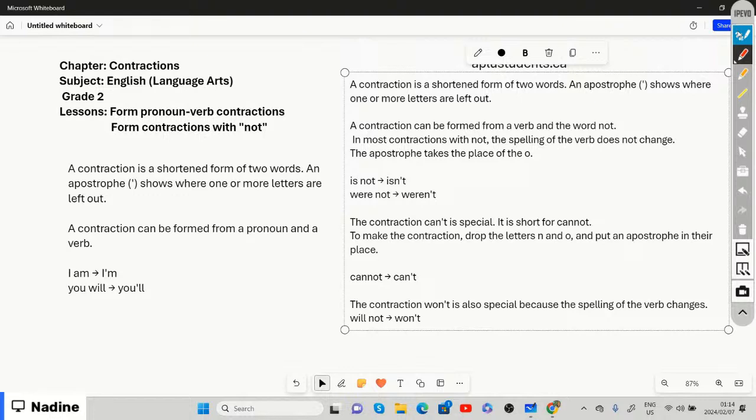So, for example, it says a contraction, once again, a contraction is a shortened form of two words, like we said, and we put an apostrophe to show either where one or more than one letter have been left out.